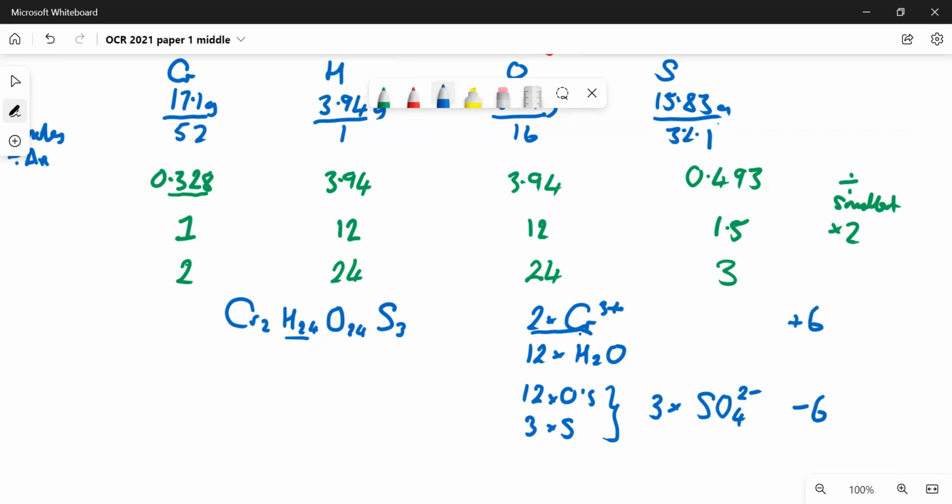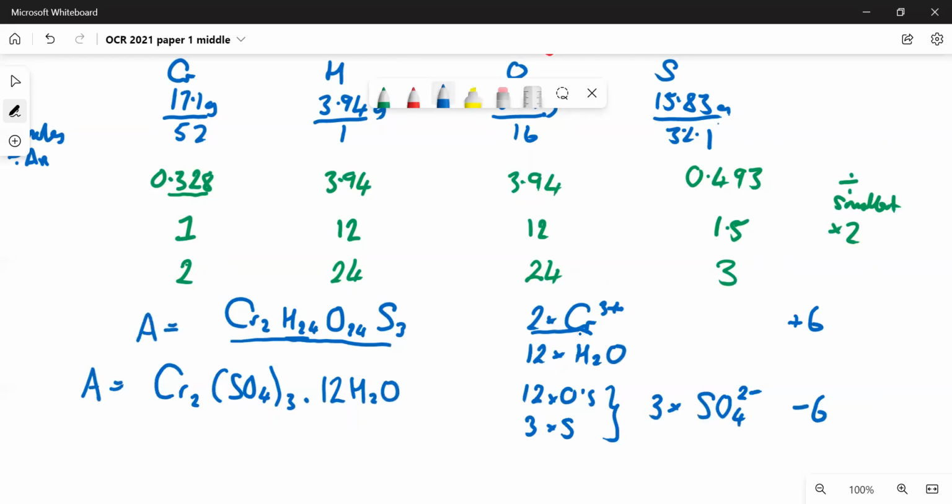So I think it's probably safe to say that it is Cr2(SO4)3.12H2O. That is what A is. That's what we're dealing with.